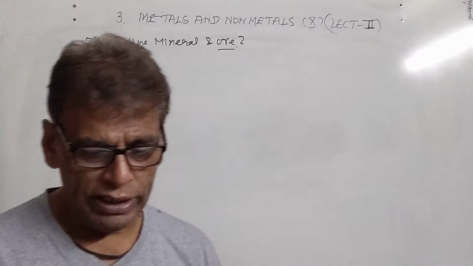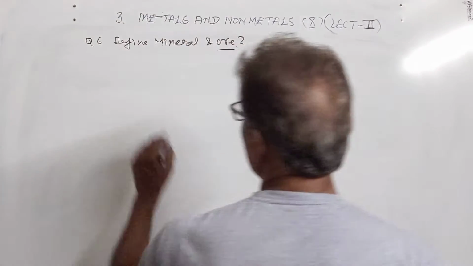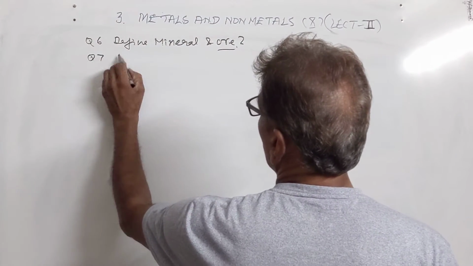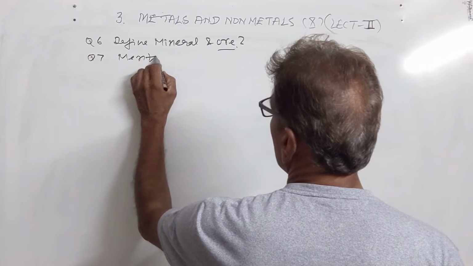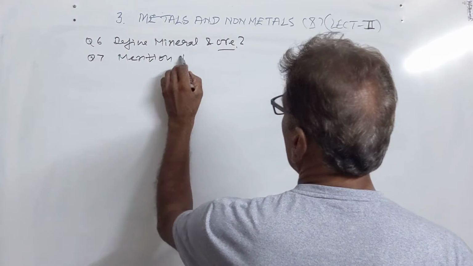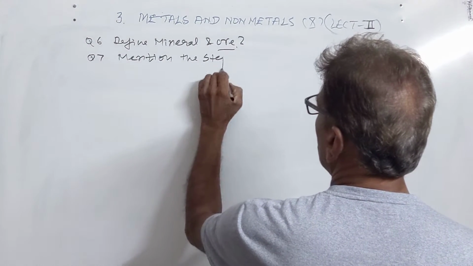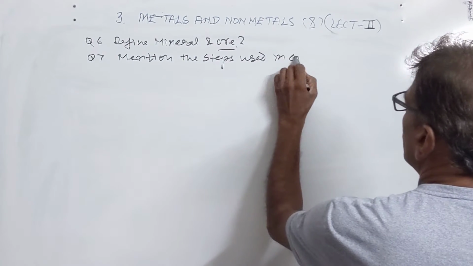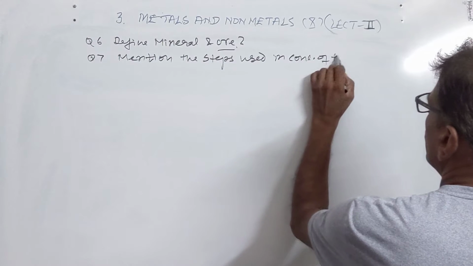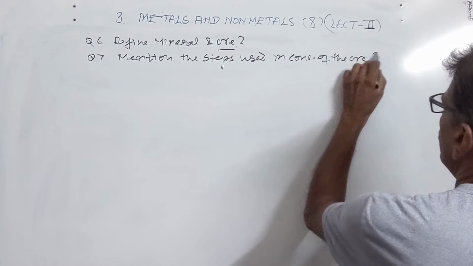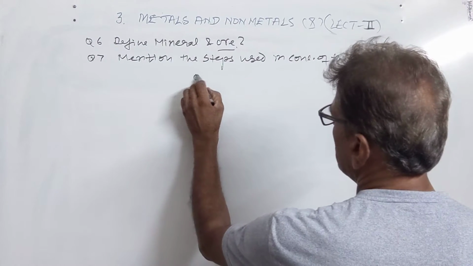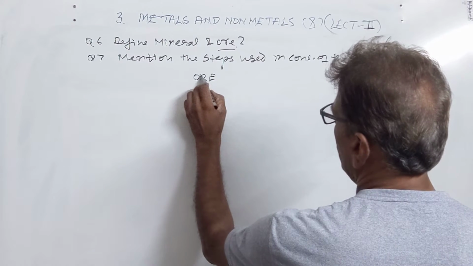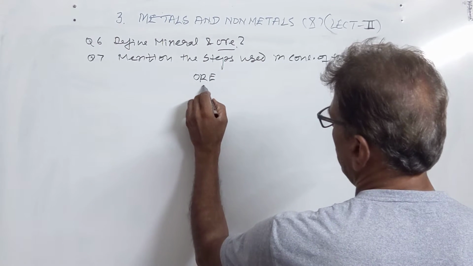Now we will look at the steps used for the concentration of the ore. So the question is: mention the steps used in the concentration of the ore. First of all, we take the ore, which is a part of the mineral.